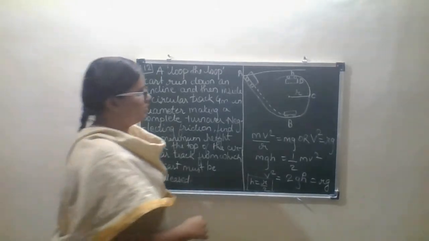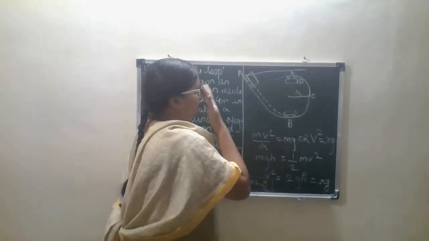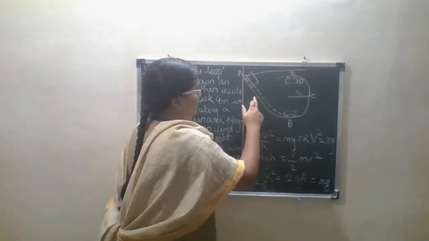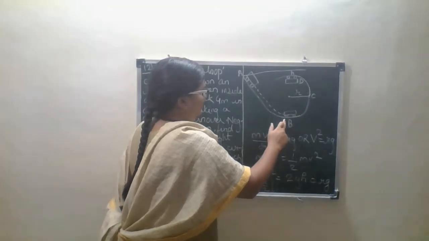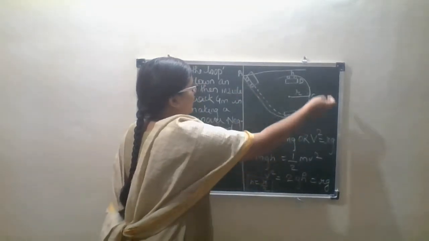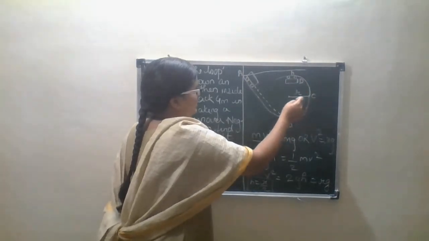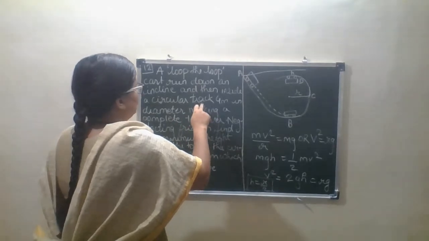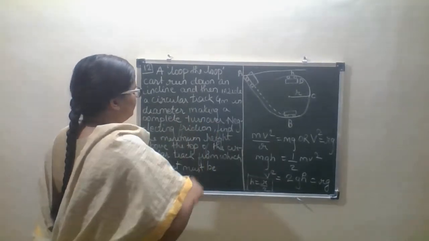So in this diagram we can see that this cart is starting from here, it is traveling and then at point B here. So from A, B, C and then D, the radius is here. It is given as a circular radius inside is 4 meter.